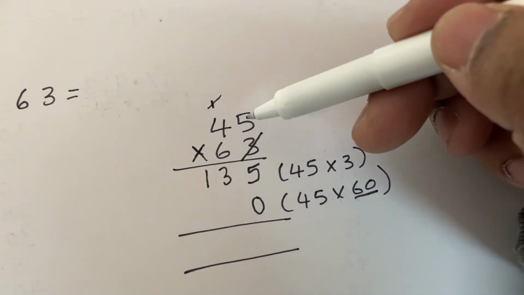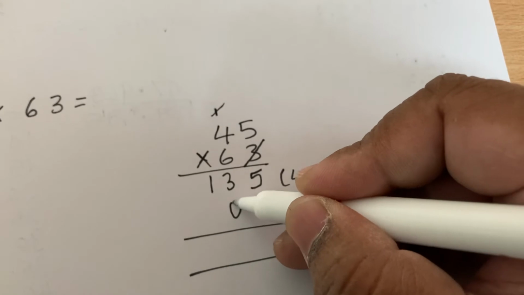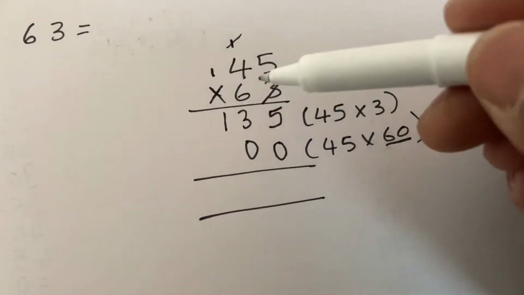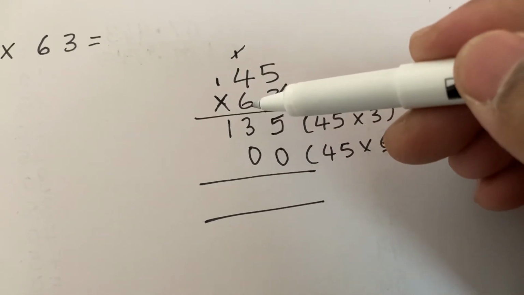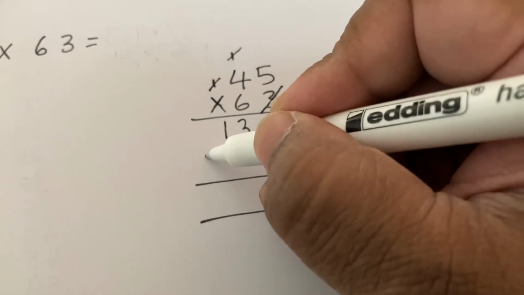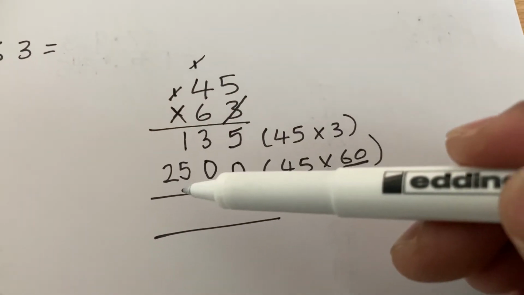And now we just do 5 times 6 is 30. So I'm going to write the 0 here and carry the 1 on here. And then I'm going to do 4 times 6 is 24. Add the 1 is 25. Okay, so I have it there. 45 times by 60 is 2,500.